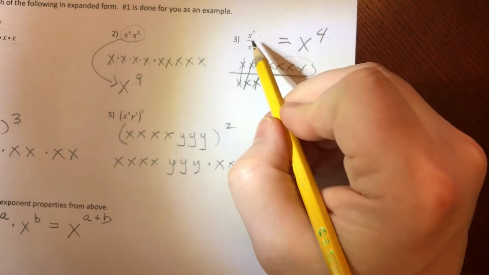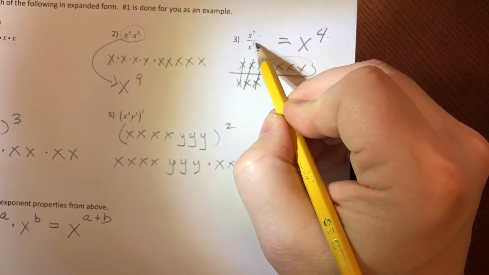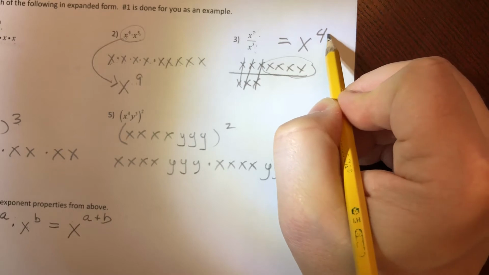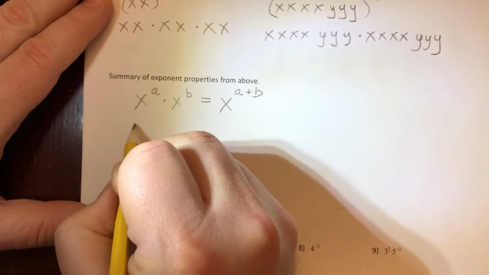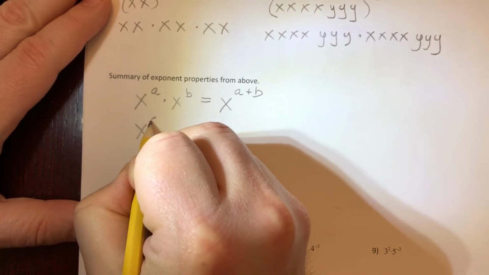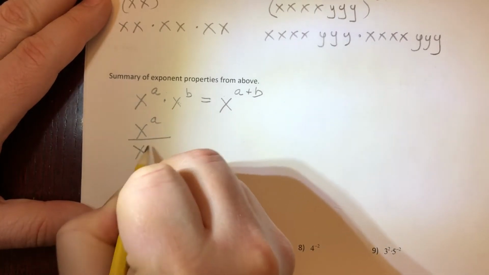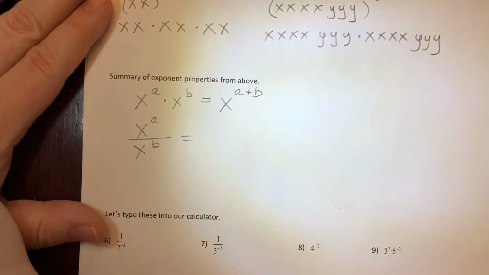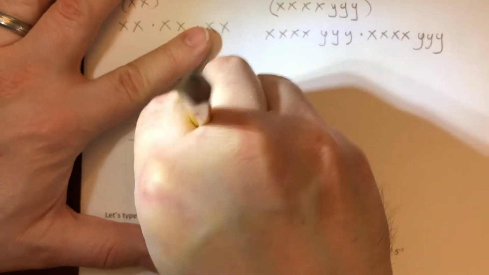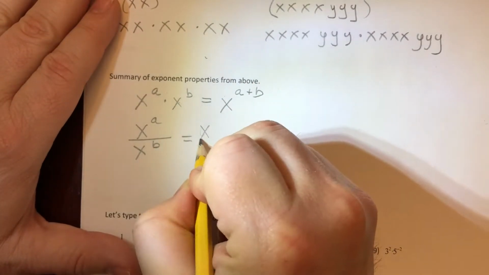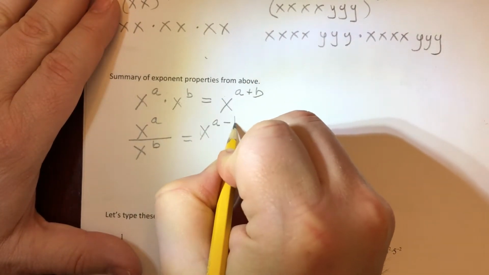Well, hopefully you see that if I subtract 7 minus 3, I end up with x to the 4th. So let's turn that into a summary. If I have x to the a over x to the b, well, that ends up being x to the a minus b.